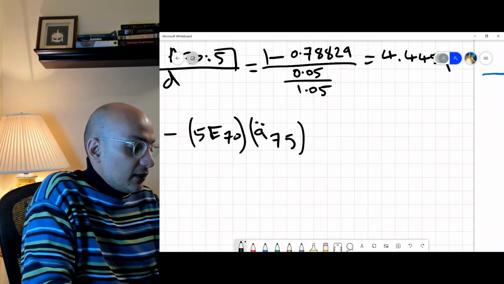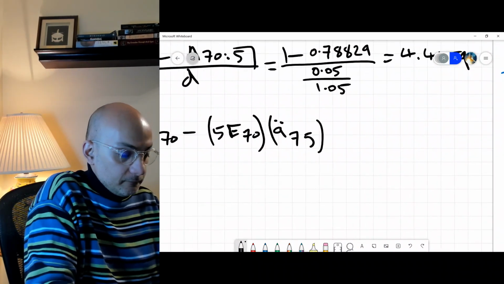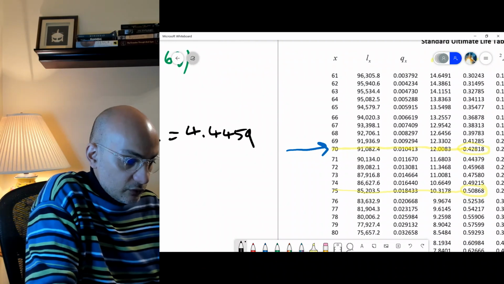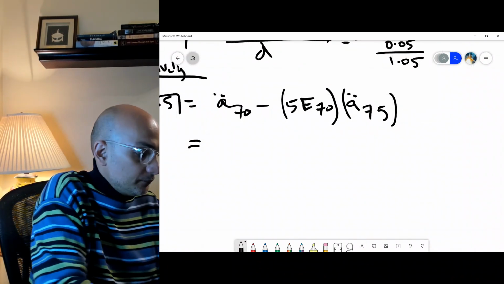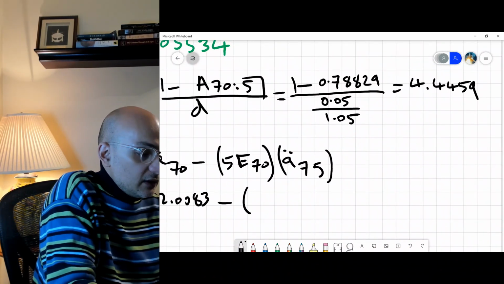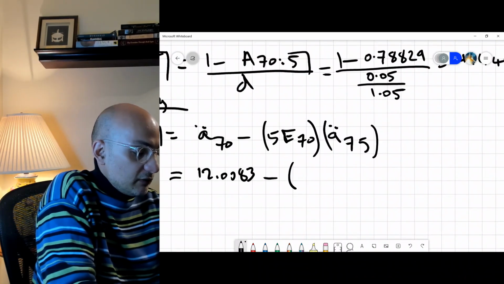Let's see if we get the same answer. So now we need the annuity for 70, and the annuity for 70 is 12.0083 minus 5E75. I think we did it many times here: 0.73295.